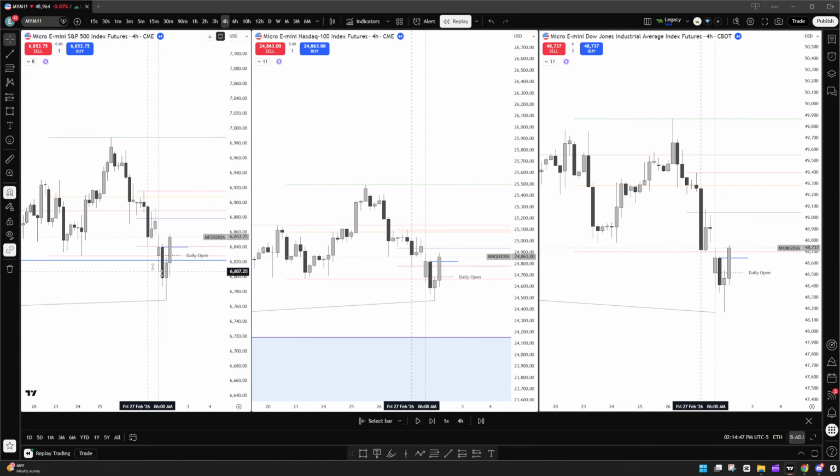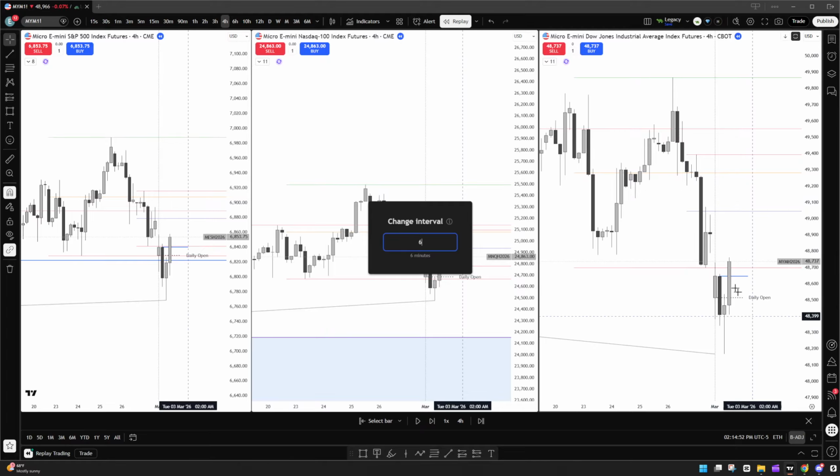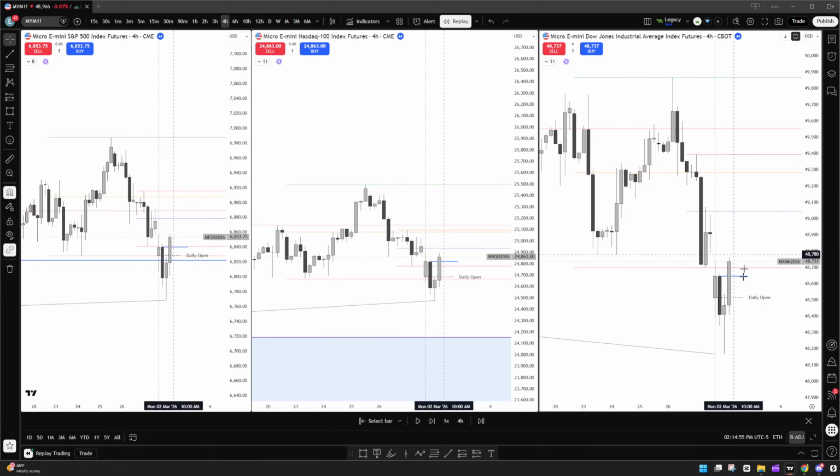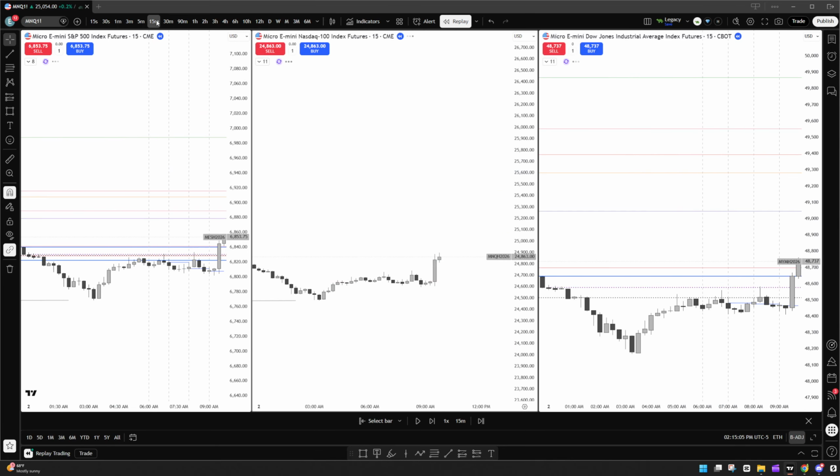So now we know that 10 o'clock will expand, or so we would anticipate, obviously with some sort of retracement open low to initiate that expansion move. So we can drop down and see.